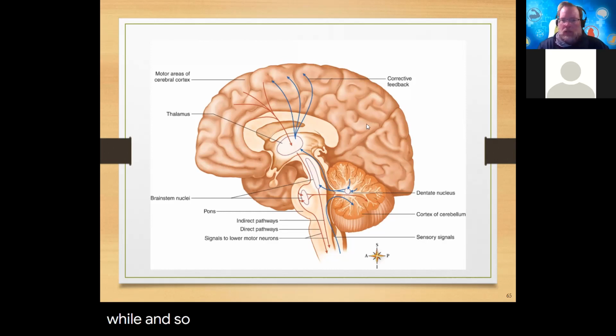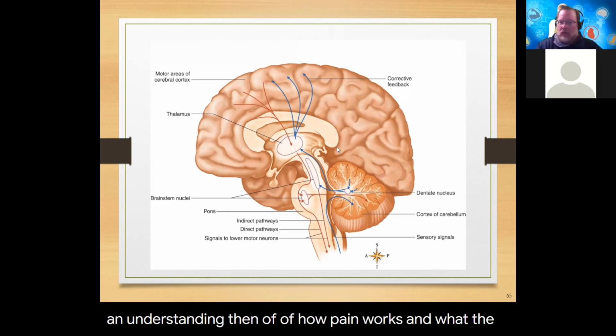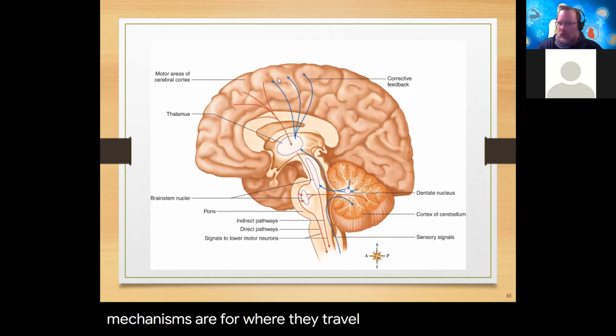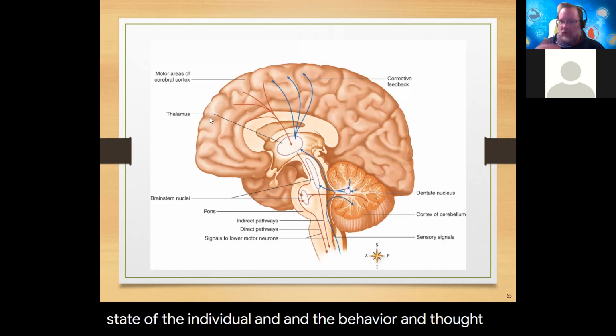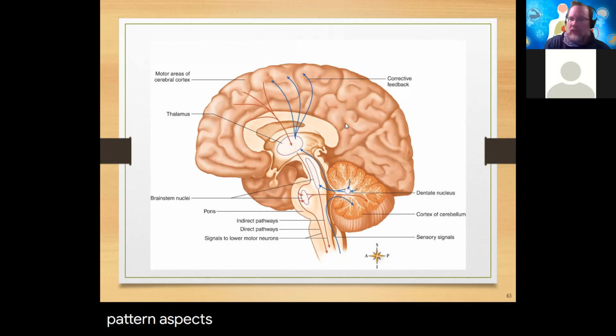And so when we assess it, we again are trying to get an understanding of how pain works, and what the mechanisms are for where they travel and where they can manifest, and how they can certainly affect the emotional state of the individual, and the behavior and thought pattern aspects of that individual.